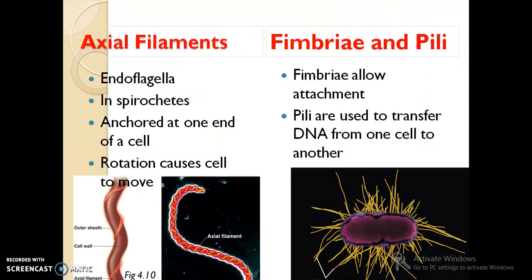The next one is the axial filament and the fimbriae. After the flagella, the next structure is the fimbriae or pili. The axial filament is the endoflagella in spirochetes, anchored at one end of the cell, and rotation causes the cell to move.